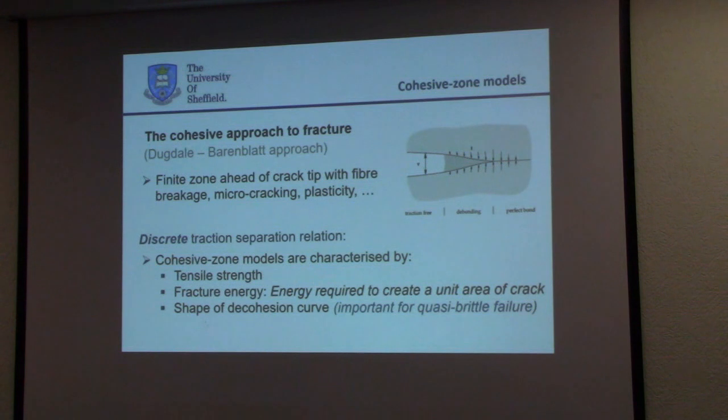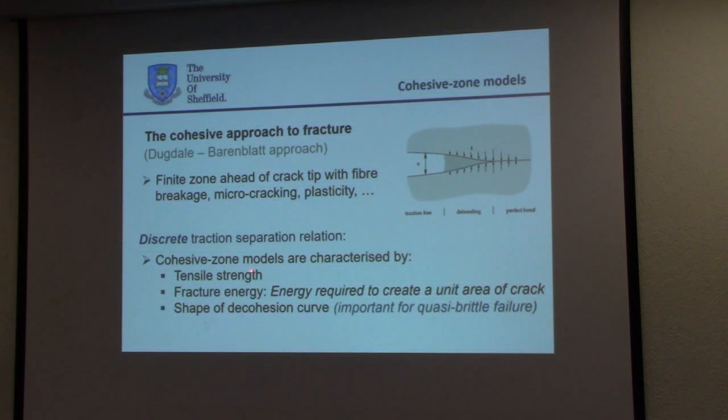For instance, in metals, due to plasticity. In materials like ceramics, fiber reinforced concrete, rocks, due to microcracking, if they are reinforced with fibers, fiber debonding, breaking, and all these kinds of phenomena.